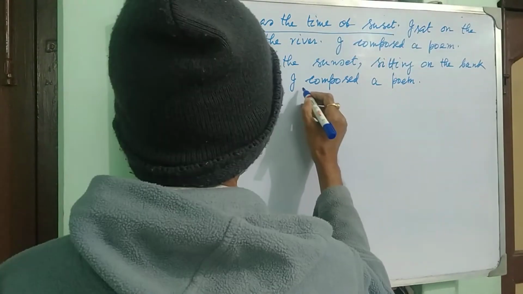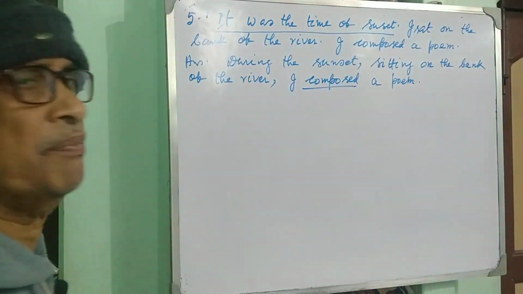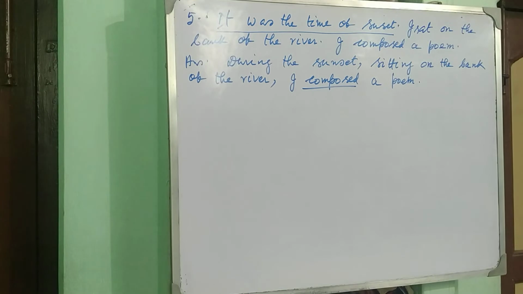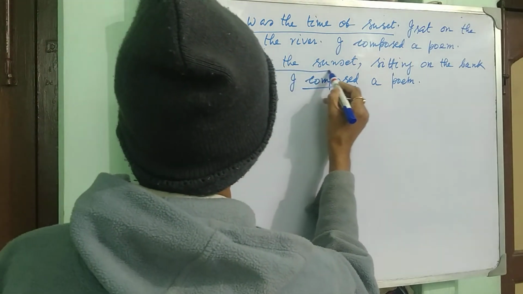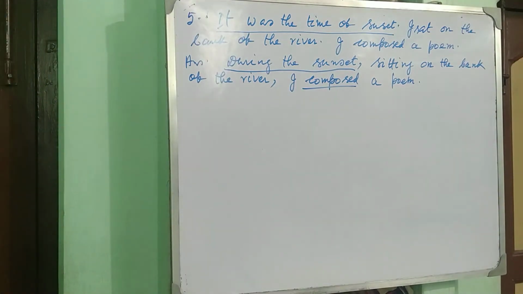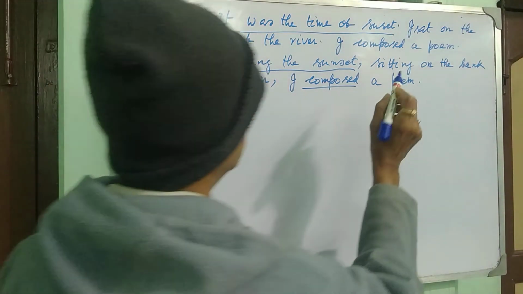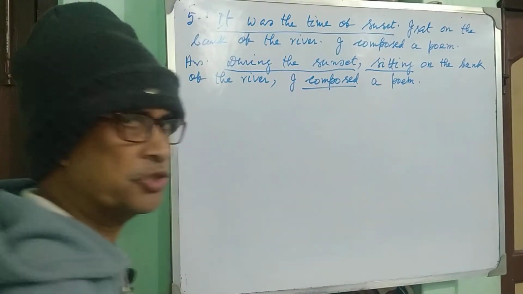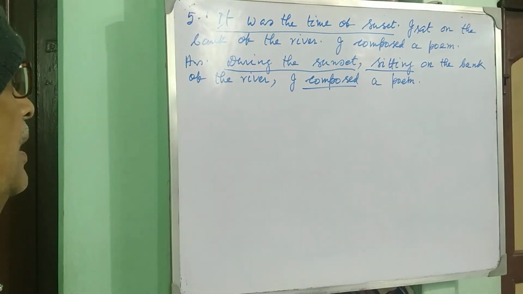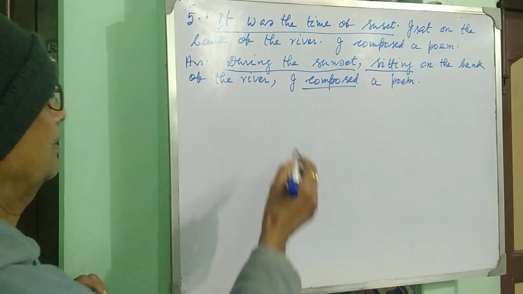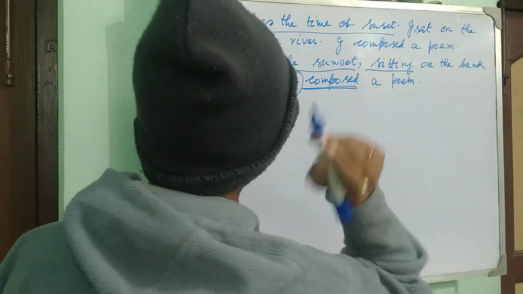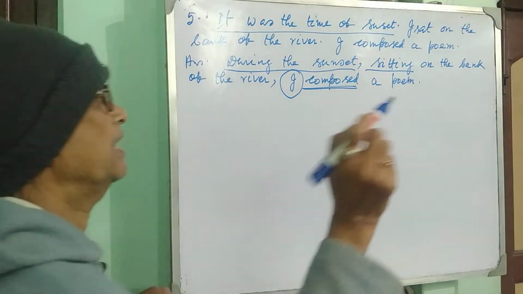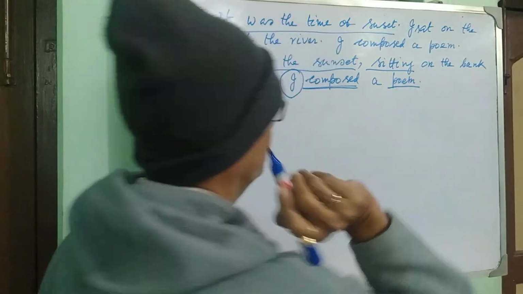You see, please, there is only one finite verb, that is composed. At the beginning of the sentence, I have used an adverbial, that is the adverbial of time. Then I have used a participle, you see, sitting on the bank of the river. Then I have used the subject and then the finite verb, followed by an object, poem.